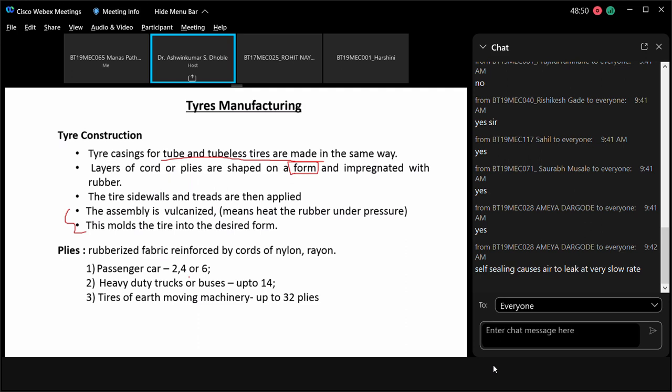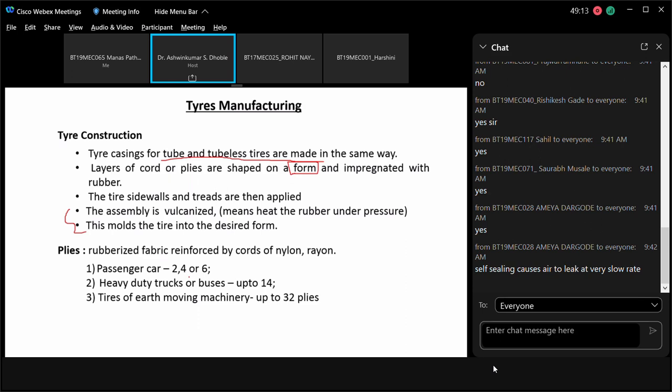They say that these tires will wear very slowly, and if you apply the brake it will instantly stop, and all those things. So that is basically the advertising gimmick of the tire. But these are the numbers. You can see that passenger cars may have 2 plies, 4 plies or 6 plies. So that doesn't mean anything.